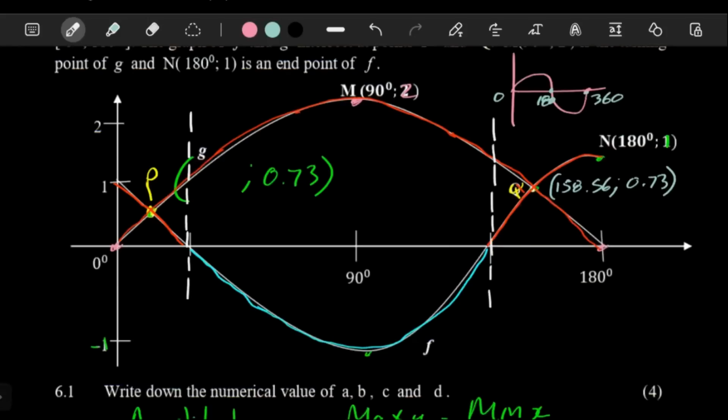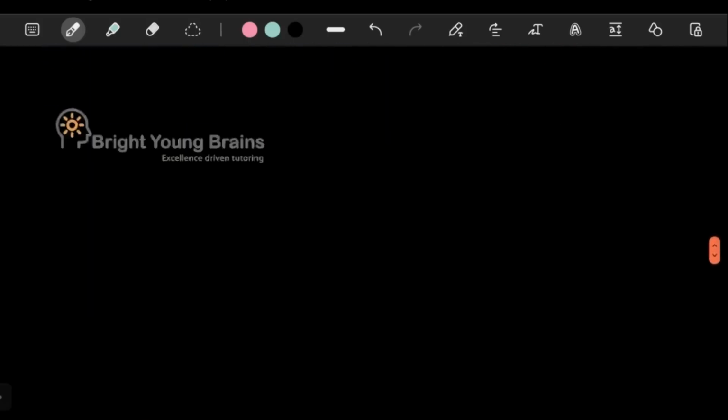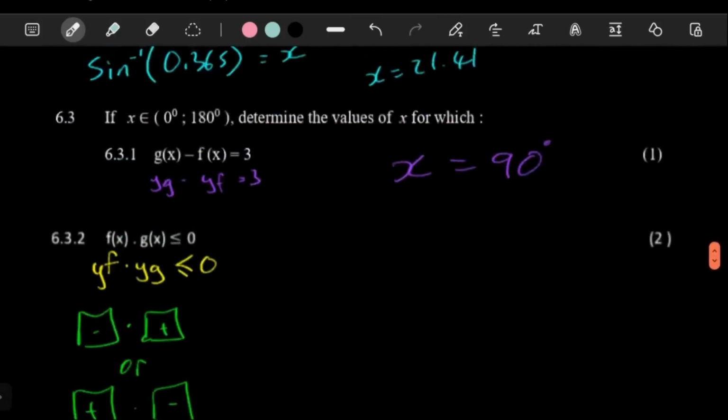That's the only slot where you have positive y values for the one graph while having negative for the other one. For us to get this point here, this is just the x-intercept of the graph of f. So we're going to make f equal to 0 to find those x-intercepts because we need them.